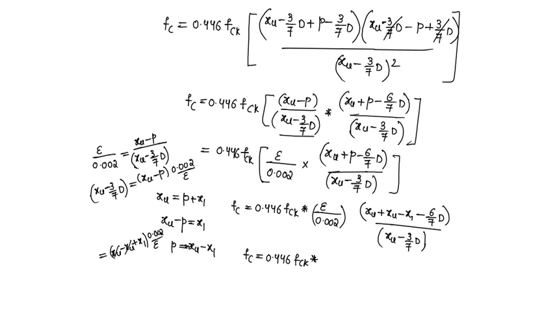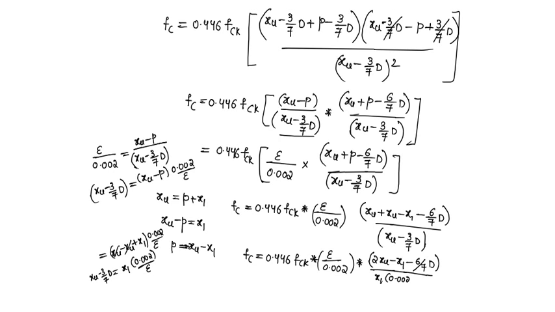Then xu gets cancelled, it becomes x1 into 0.002 by epsilon. Substitute it here, epsilon by 0.002 into 2xu minus x1 minus 6/7 of d by xu minus 3/7 of d.